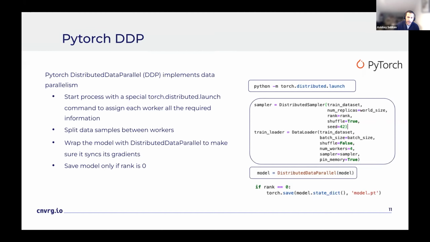This is done by aggregating the gradients from each worker and applying the updates to the model parameters. And finally, it's a common practice to save the model only if the rank is 0. This is because the first worker, which is rank 0, is usually responsible for coordinating the training process and gathering the results from other workers.